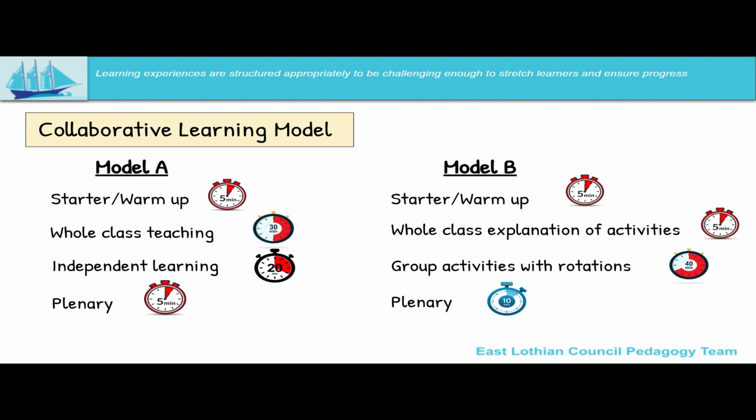Finally, the teacher leads a whole class discussion, focusing on the activities of each station, linking the learning back to the learning intention and success criteria of the lesson. This model could work well if parent helpers or support staff are available to assist at some of the group rotation activities.